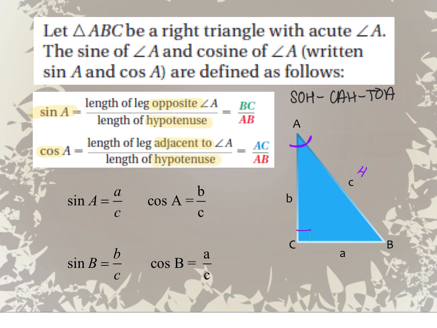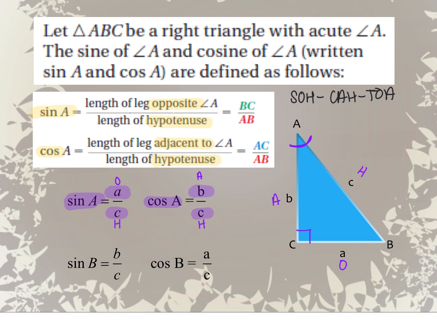It's opposite that right angle. B is my adjacent side, and A is my opposite side. So if I'm looking at sine A, sine is opposite over hypotenuse, which is what they're giving us. And cosine is adjacent over hypotenuse.